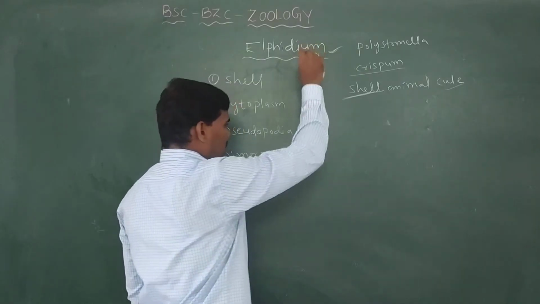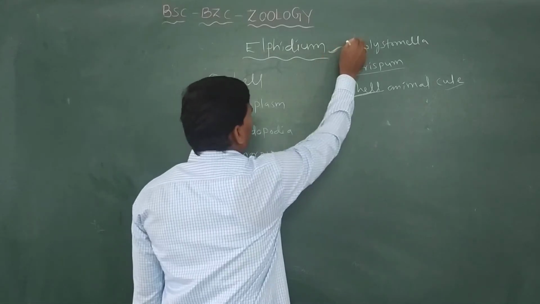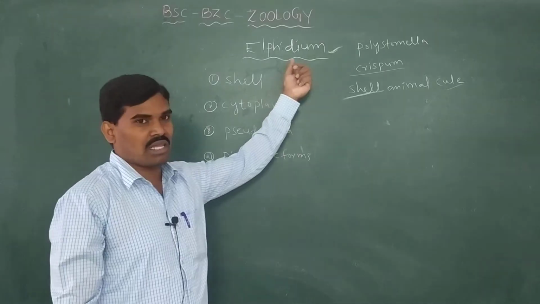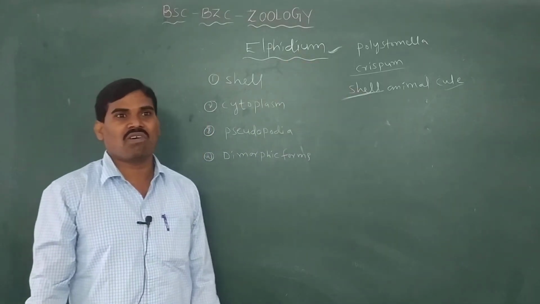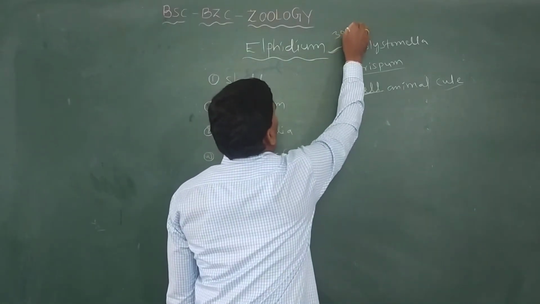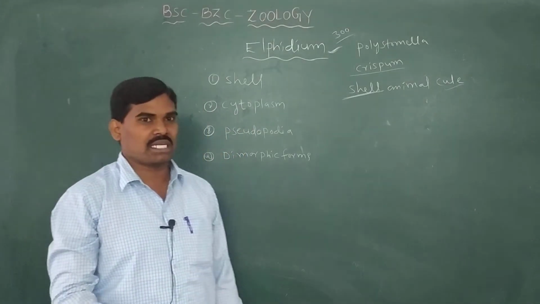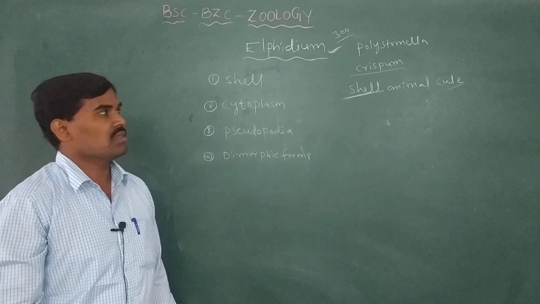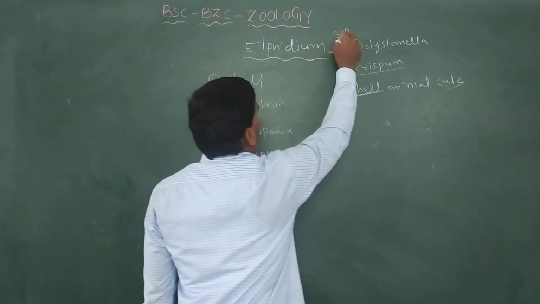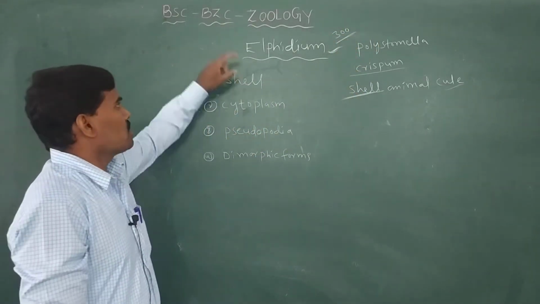The type study is Elphidium. Elphidium lives in sea water or marine water. Its habitat is inside sea water, at about 300 fathoms depth, sometimes attached to seaweeds.